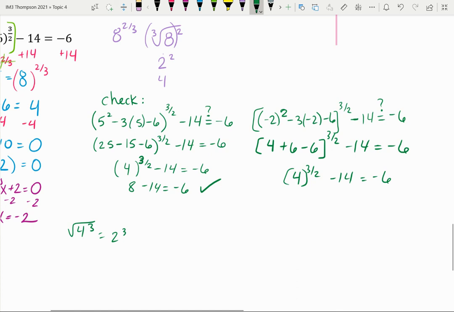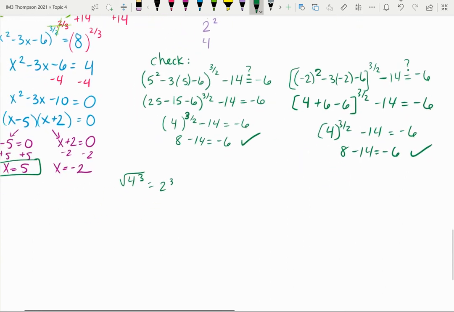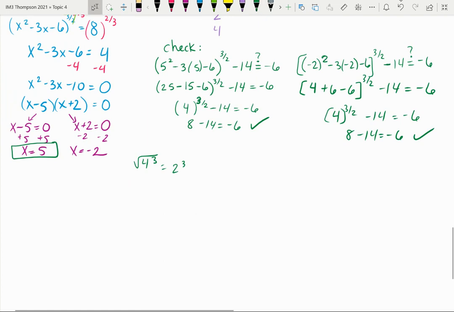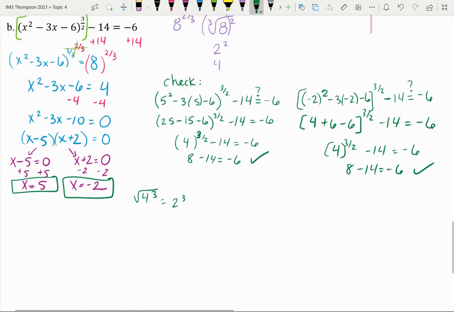And I just did this same exact thing, right? They end up being the same. So I don't have to think too hard. What is 4 to the 3 halves? It's just 8. Boom, this one works too. So they're both answers.